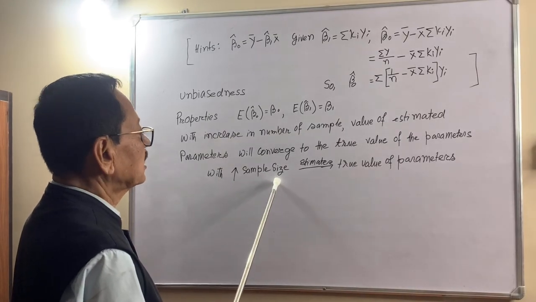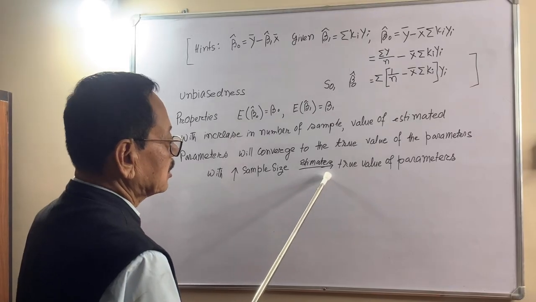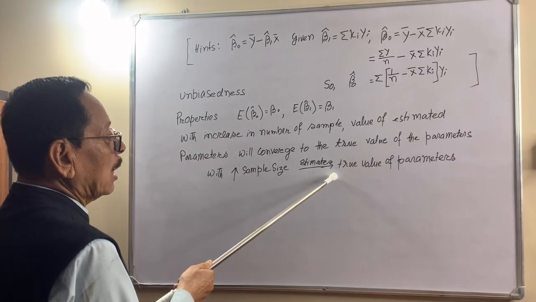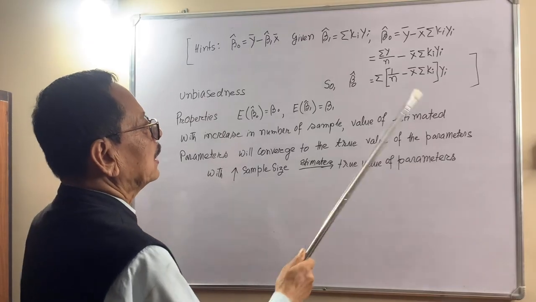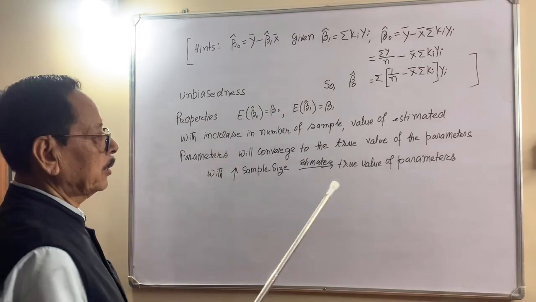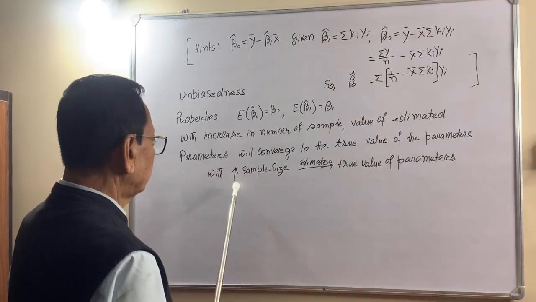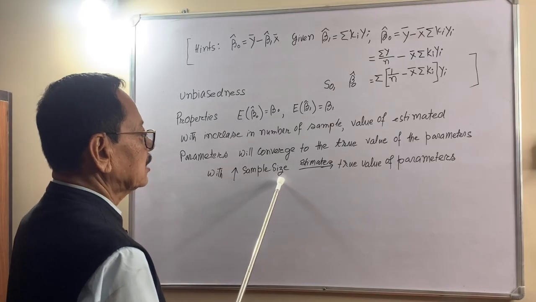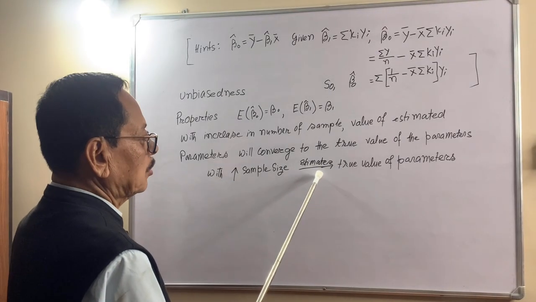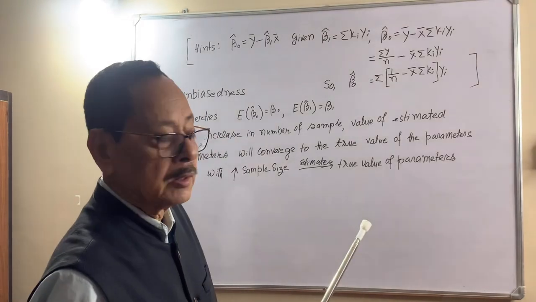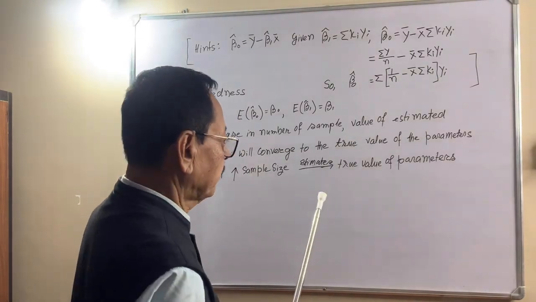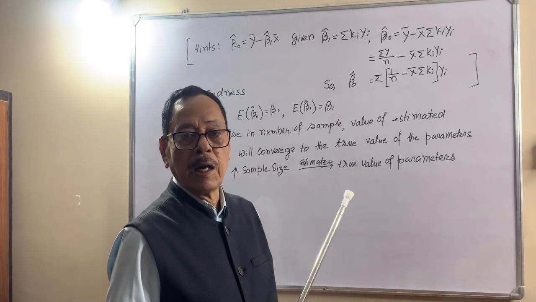With the increase in sample size, estimates will converge to the true values of the parameters. Then it is unbiased.